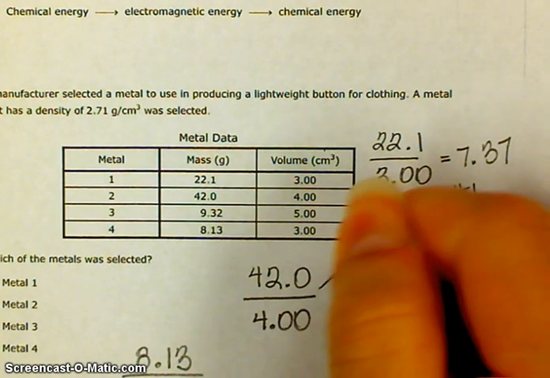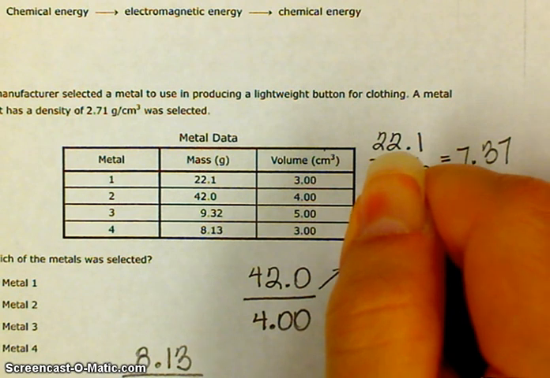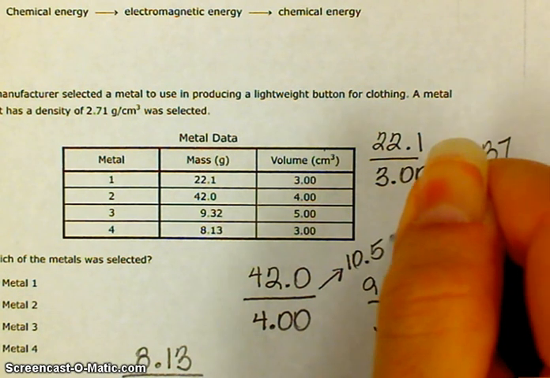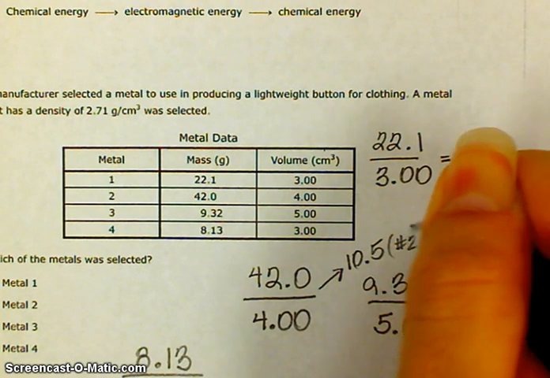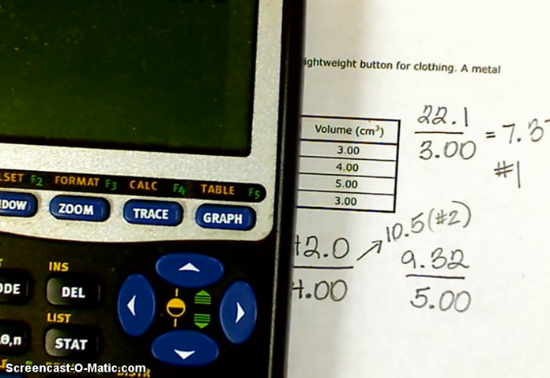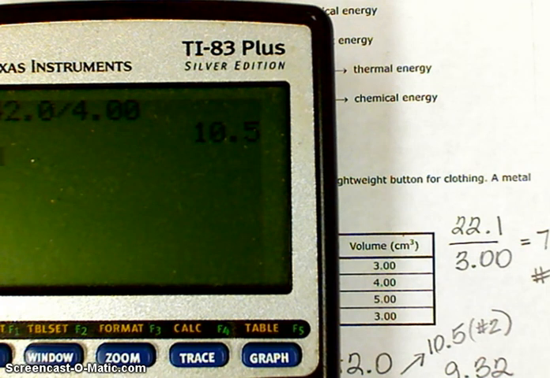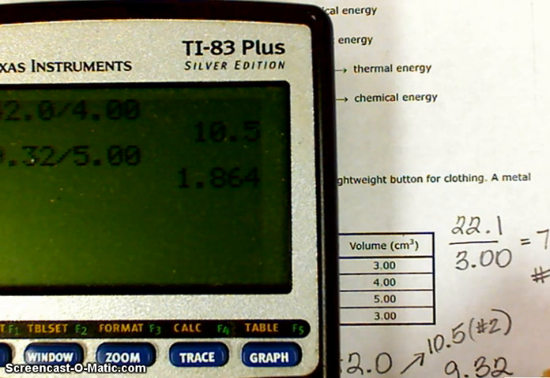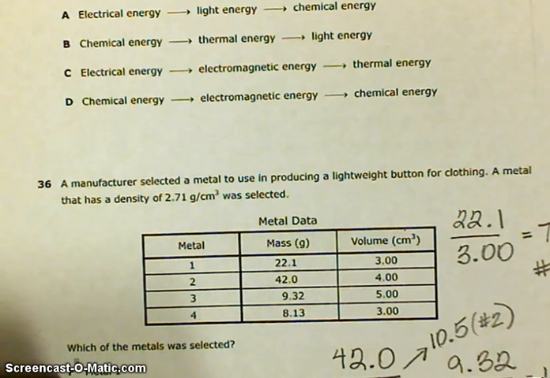That's way too big. The third one is 9.32 divided by 5, which is 1.86. That's metal number 3. It's a little bit on the small side.